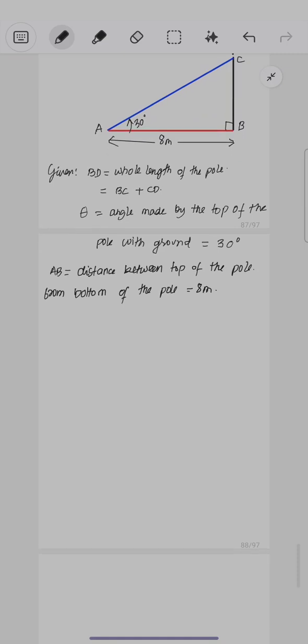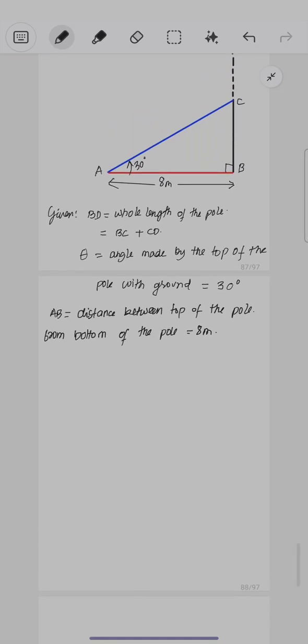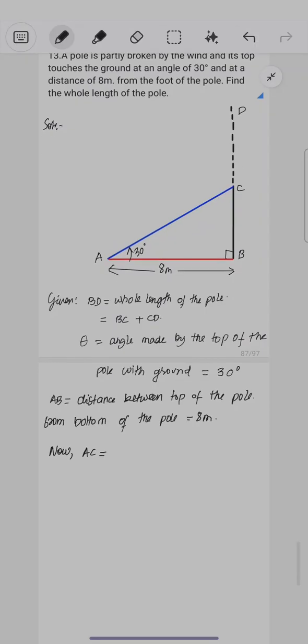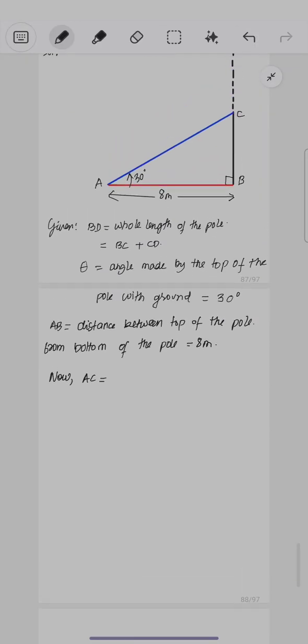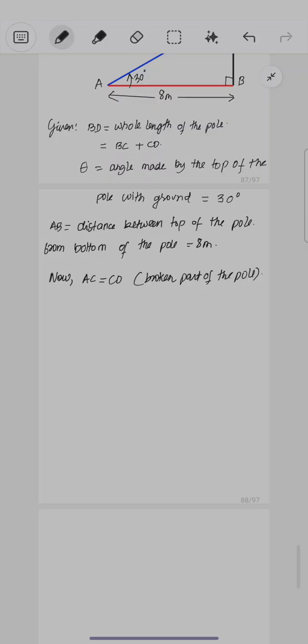So we must find AC. Now AC will be equal to CD, because AC is the broken part of the pole.